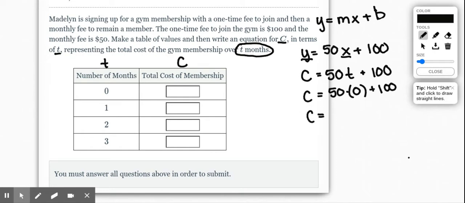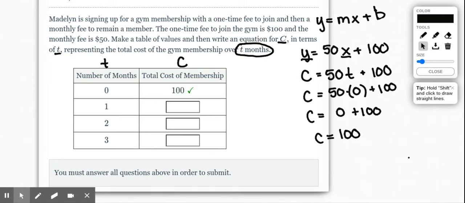Well, 50 times 0, or any number times 0, is just 0, plus 100. Well, 0 plus 100 is 100. So for 0 months, the membership is going to cost $100 because remember it's our one-time fee. So we're going to type in 100 here, hit enter, and you'll get a check mark. If you get an X, you got something wrong, and you have to do it again.